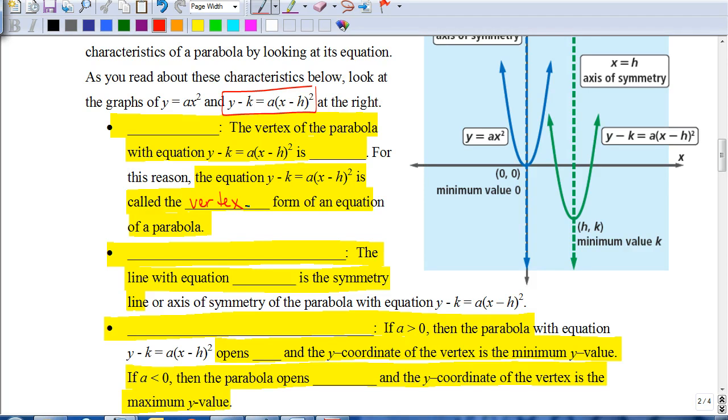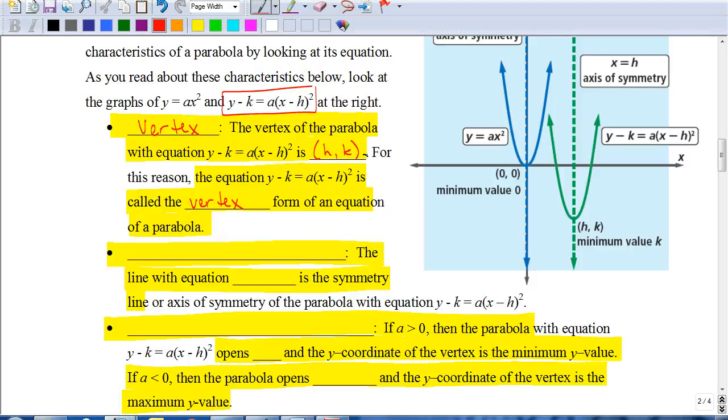The reason why is one of the first things that we're going to look for when we see something in that form is what is the vertex. The vertex of the parabola, when it's in that form, is going to be the point (h, k). So because of that, that's why we call an equation in that form the vertex form of a parabola.